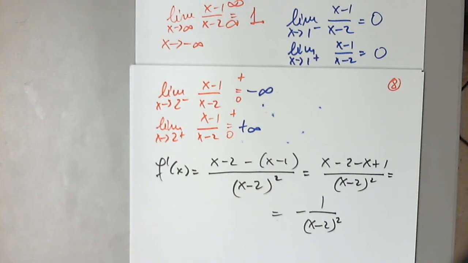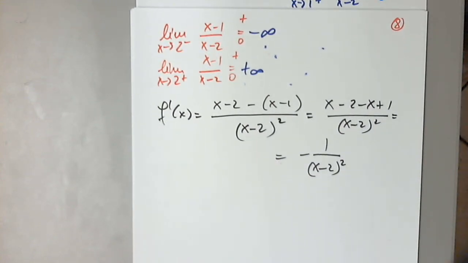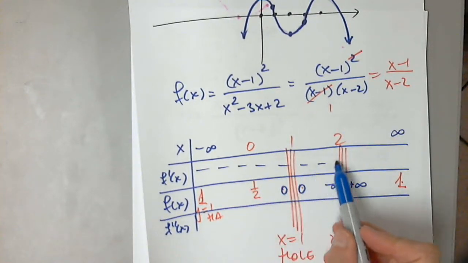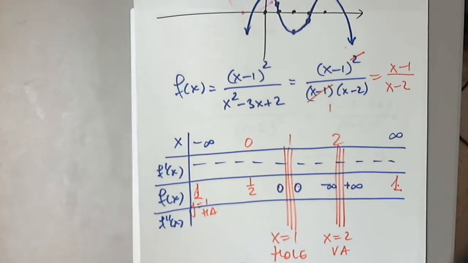Okay, so is this function ever 0? No. And it's undefined at x equals 2, where the function is undefined. So there are no critical numbers. This function will never have a max or min, because there are no critical numbers. What is the sign of the first derivative? No matter what, always negative. So what does that mean? What does that say about the function? Always decreasing.